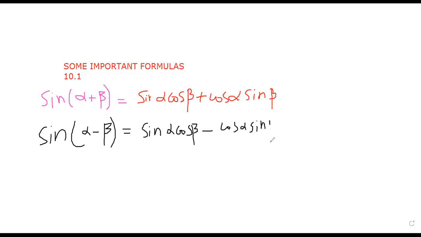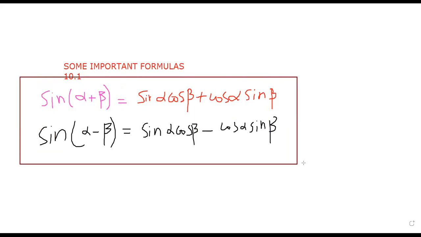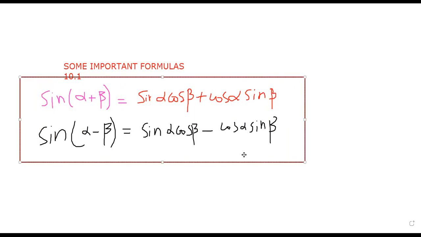This is a formula related to sine. So sine alpha plus beta is equal to sine alpha cos beta plus cos alpha sine beta. Similarly, sine alpha minus beta is equal to sine alpha cos beta minus cos alpha sine beta.